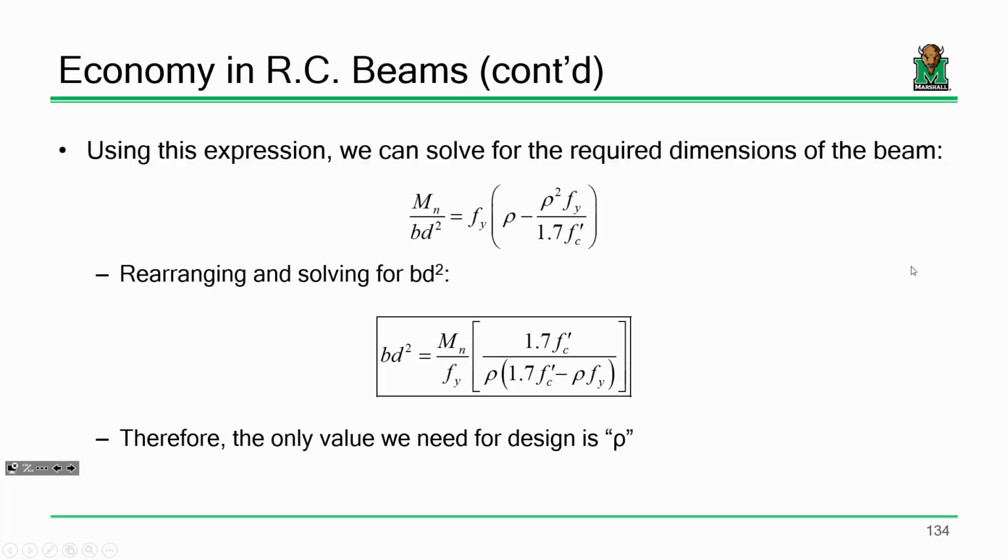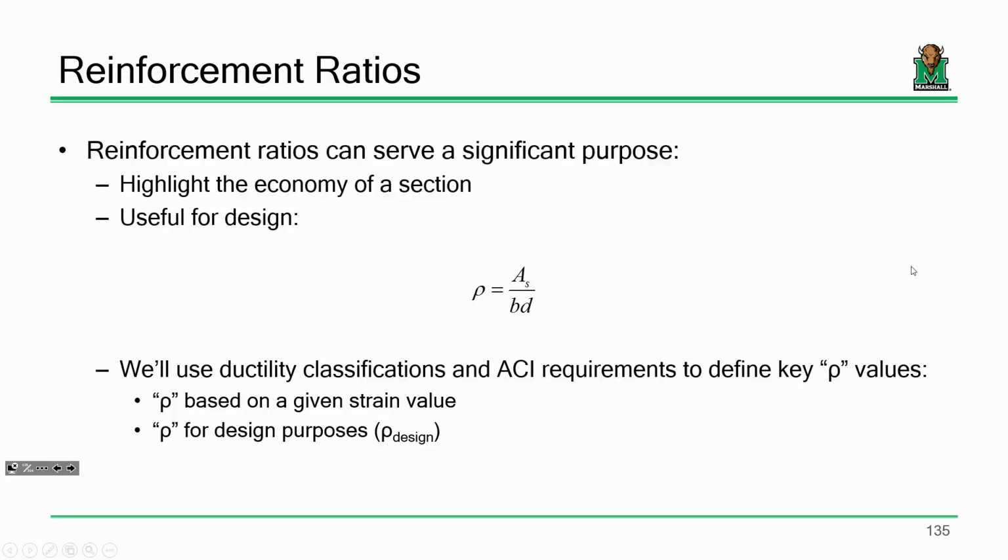All I need is rho, okay? Now, rho, again, is defined as the area of steel divided by what I'll call the effective area of the concrete, B times D.